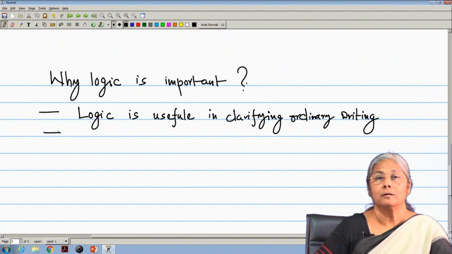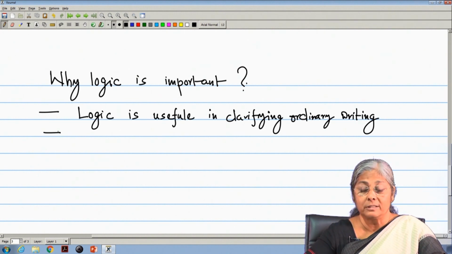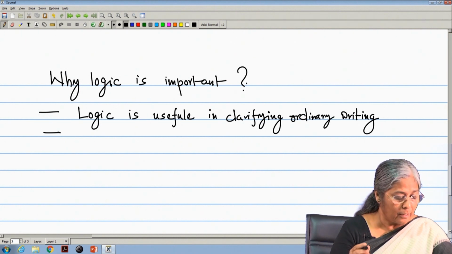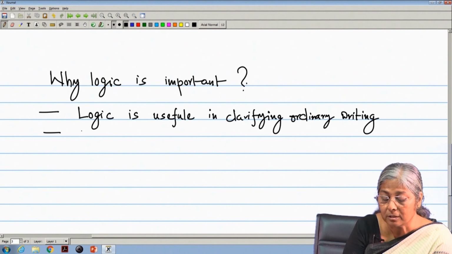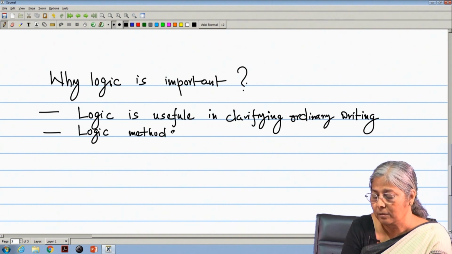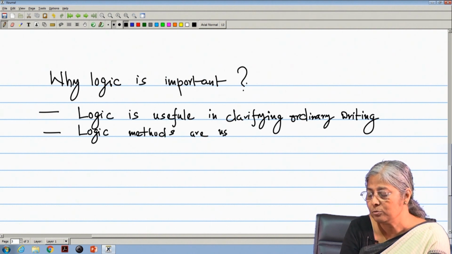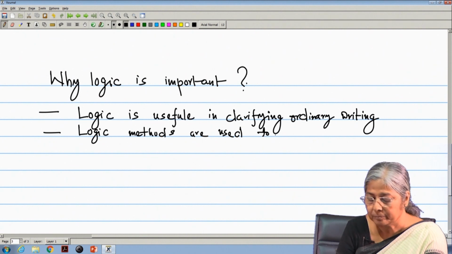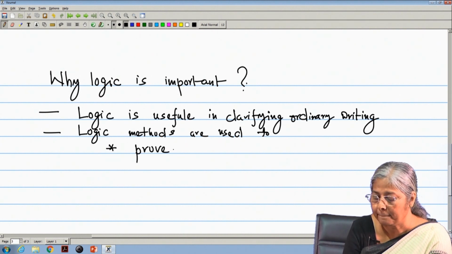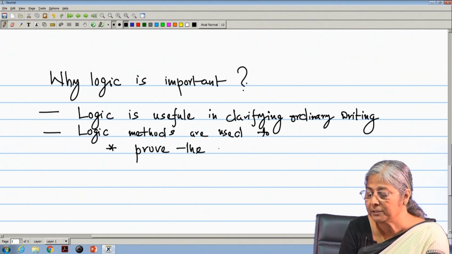If I consider our technical things, why logic is important, then logic methods are used to prove the mathematical theorem.